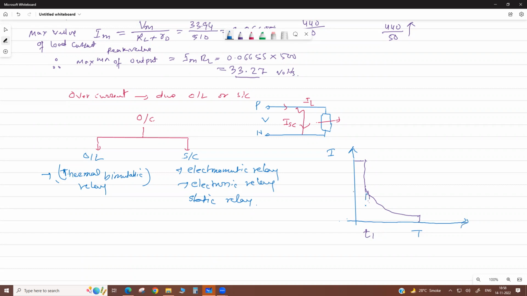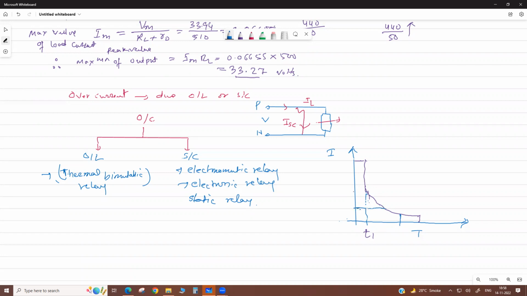This is minimum definite time tripping. But sometimes with this type of current, it takes some time. Suppose this is your full load current, but it is increased like here only.